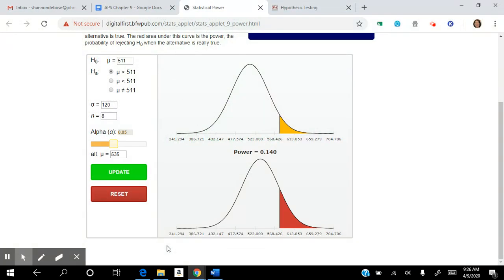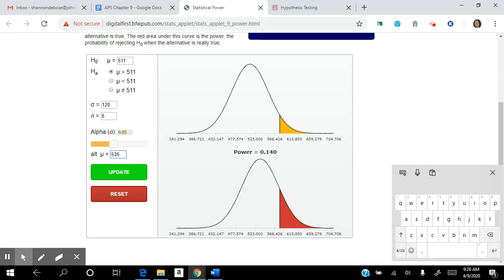All right, let's see what happens with our alternative mu. Remember, we want to increase power. So what do we think we should do for our alternative? Remember, this was the real SAT score of every single student at Corinth, and it was 535.